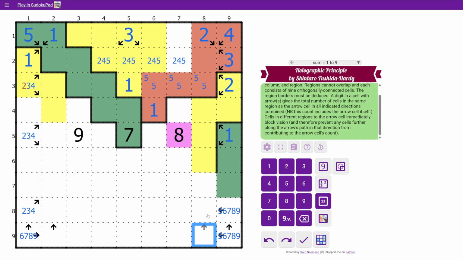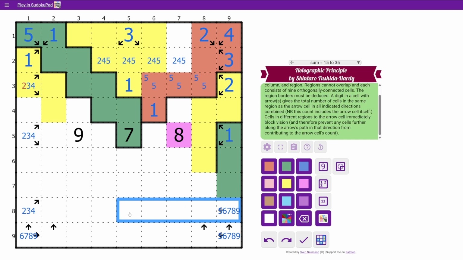So if this one was green, these two would also have to be green. And you can see with this being 5, well, the minimum this one can be is 5, the minimum this one would be is 6.